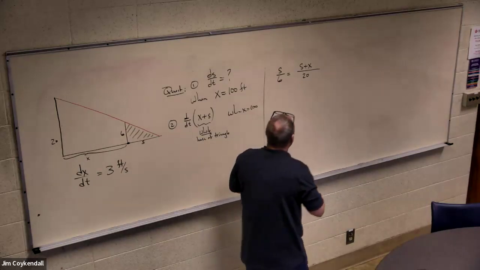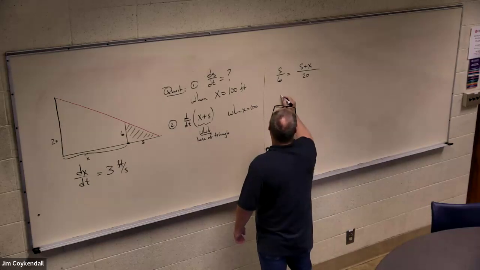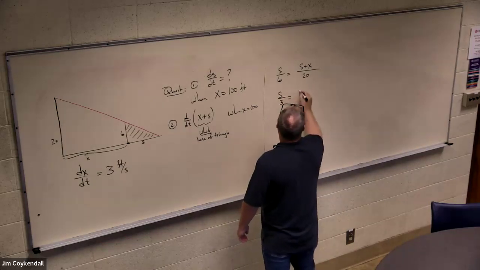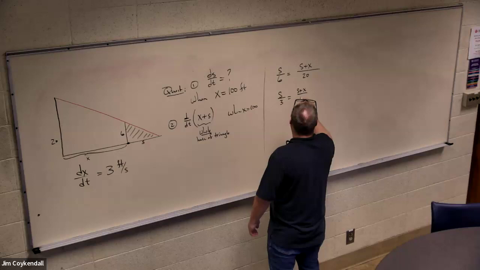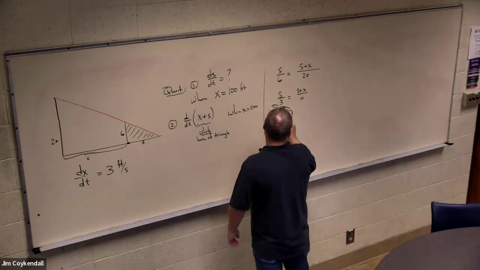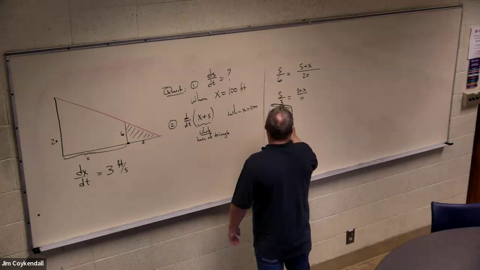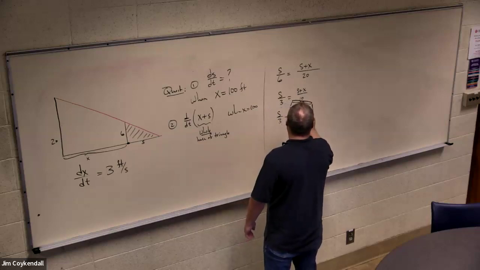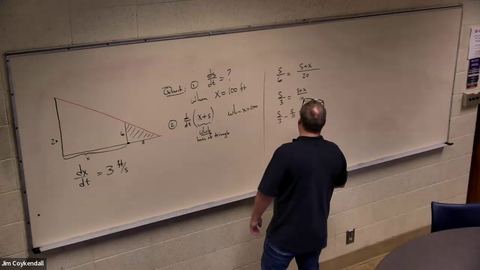So I can simplify this. s is to 3 as s plus x is to 10. And so I can make this even easier: s over 3 minus s over 10 is x over 10.